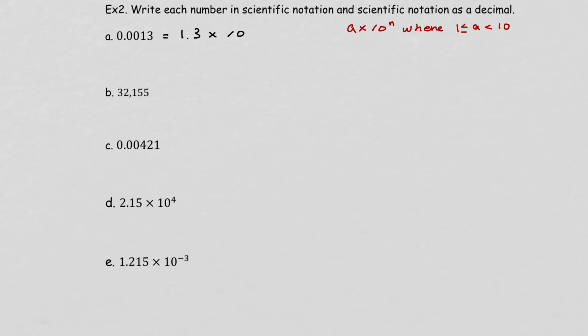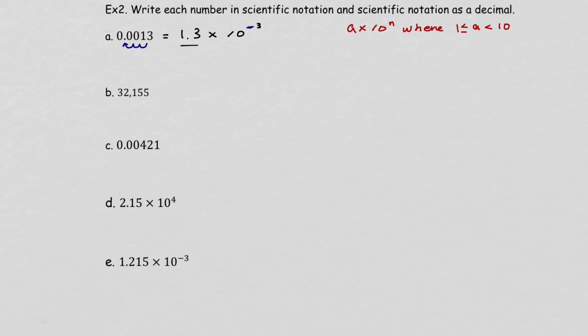So trying to make a smaller number means you're going to have negative exponents. Remember, it was 3 spaces from here, 1, 2, 3. So then you're going to use the power of 3. Making it smaller, so it will be negative, and 3 spaces will be third power.